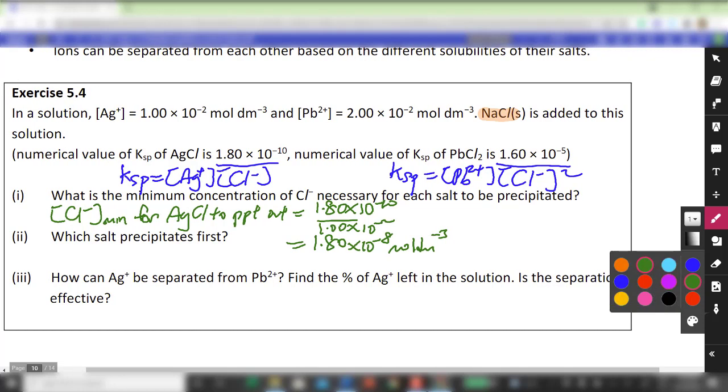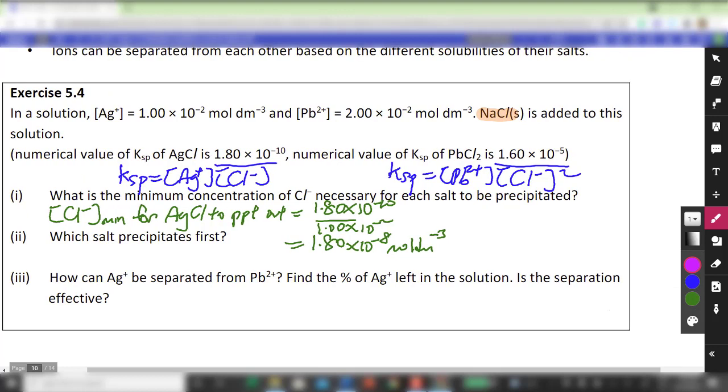Using the same logic, the minimum amount of chloride for lead chloride to precipitate out is equal to the Ksp, which is 1.60 times 10 to the power minus 5, divided by the concentration of lead-2, which is 2.00 times 10 to the power minus 2.